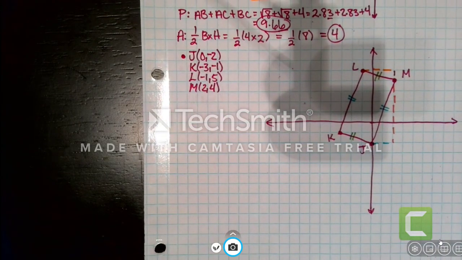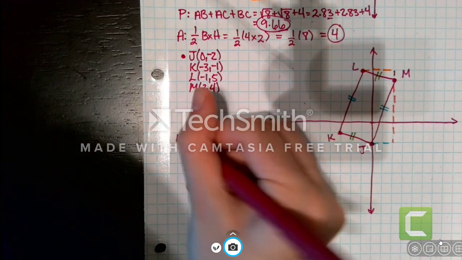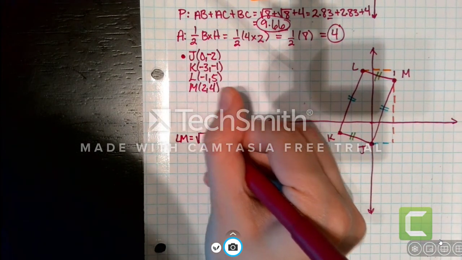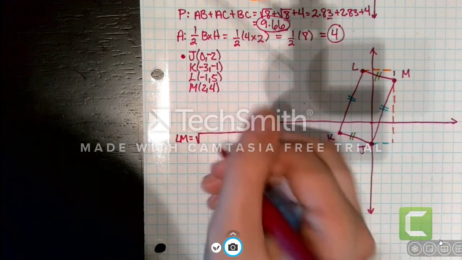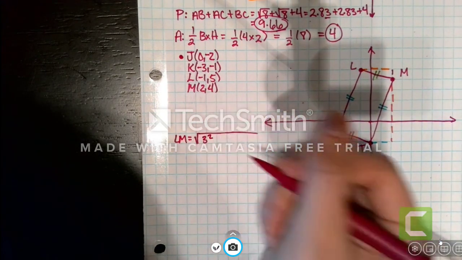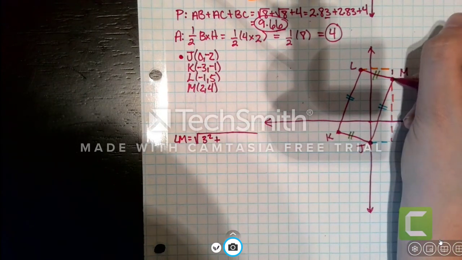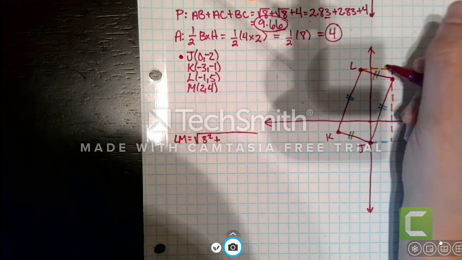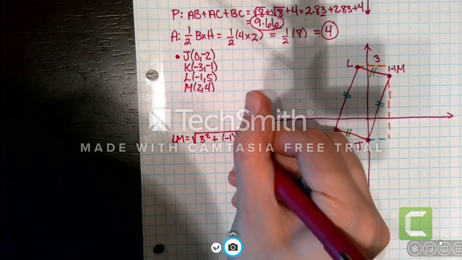Let's set up the next equation. So the distance for LM is equal to the square root of your horizontal distance of 3, so 3 squared, plus 1 down, which is -1. So 3 squared plus -1 squared.